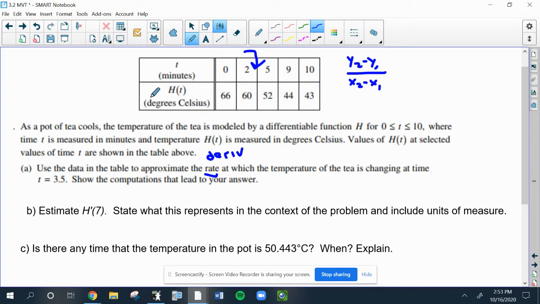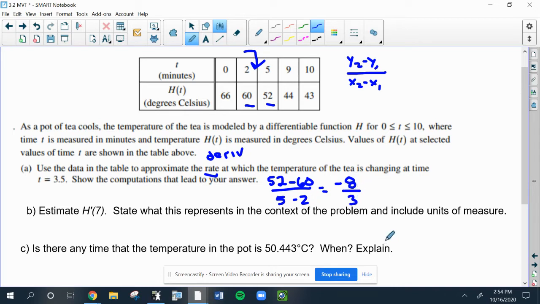So h of t is the y value. So we're going to have 52 minus 60 divided by 5 minus 2, which is negative 8 over 3.